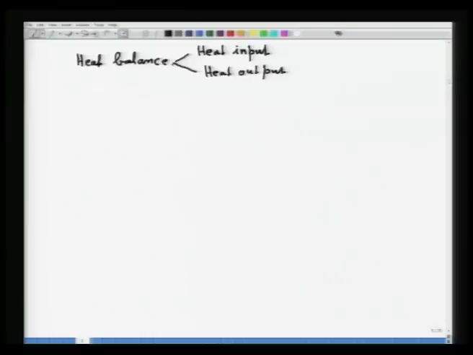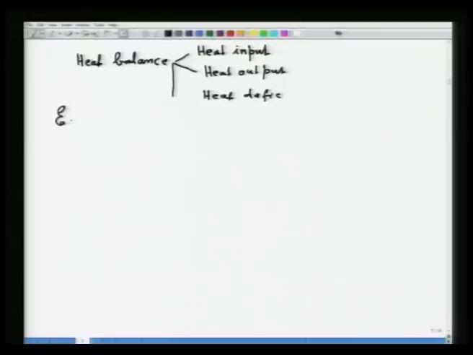The objective is to calculate the heat deficit, or you would also like to calculate the thermal efficiency of the process. That is how the scheme of charge balance and heat balance looks. Now, let me illustrate a charge balance by taking a suitable example.